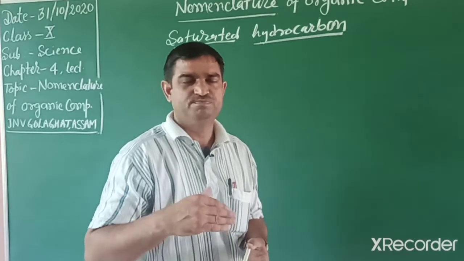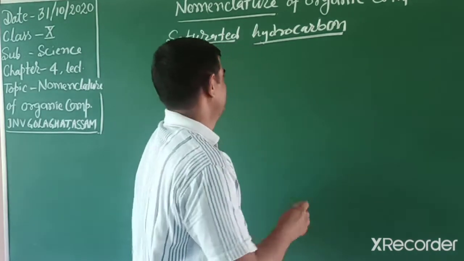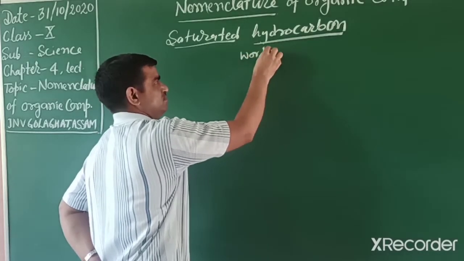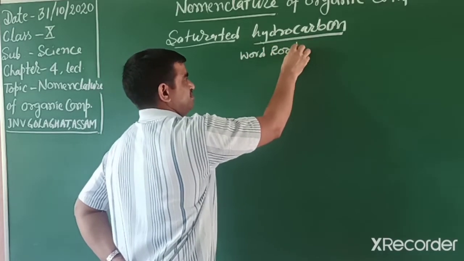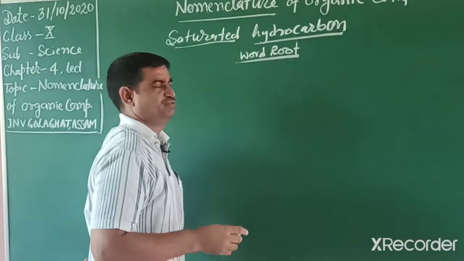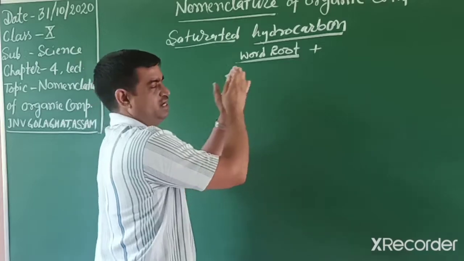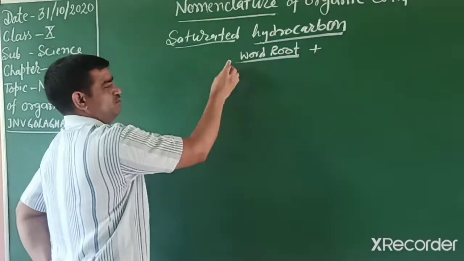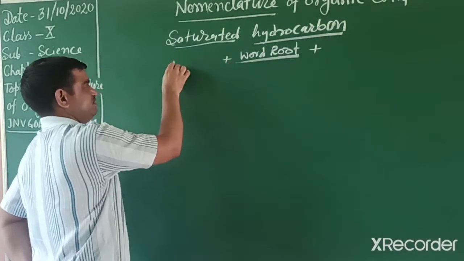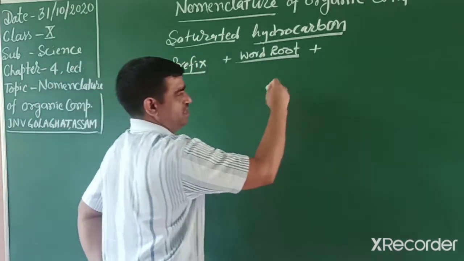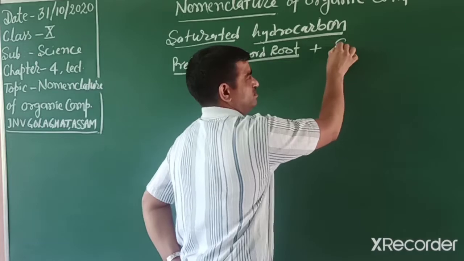One is the basic root, the word root. So we write here word root, basic, and some prefix and suffix. Before the word root, we write some prefix, and after it we write some suffix.